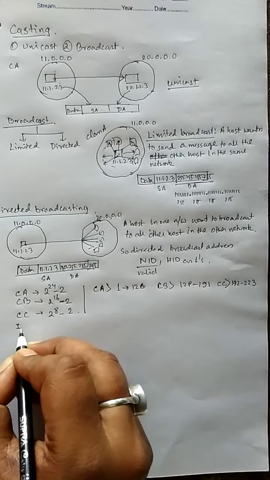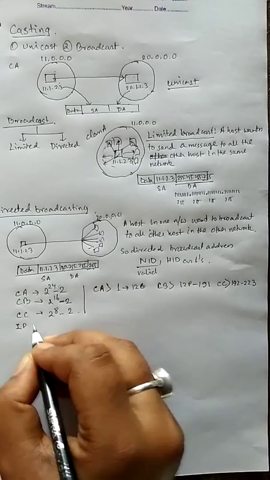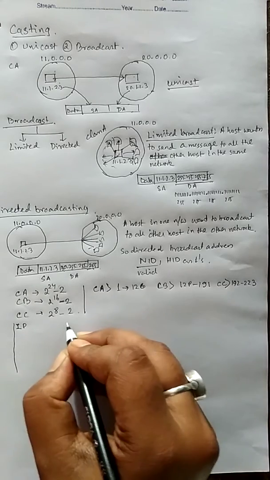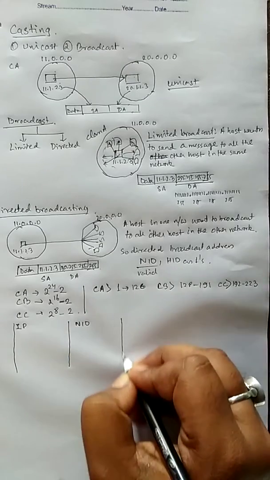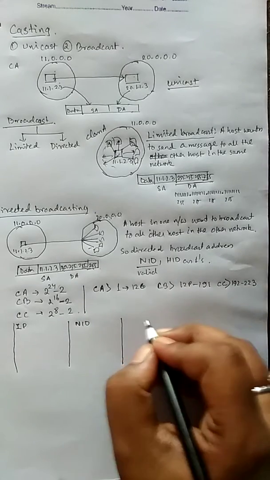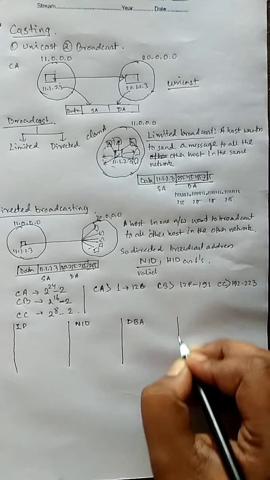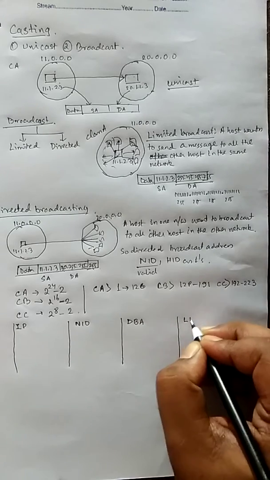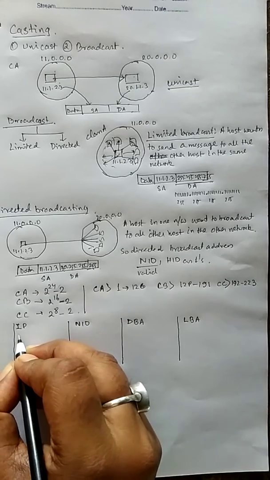This is the IP address, this is the network ID, this is the directed broadcast address, and this is the limited broadcast address.